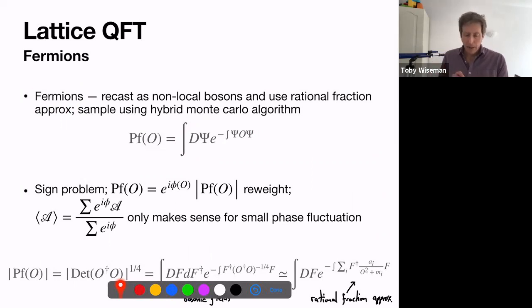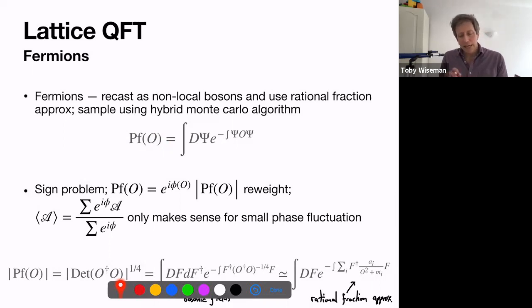Now, immediately we run into a problem. What we'd like to do is re-exponentiate it into an action, or rather simulate it using some bosonic degrees of freedom. However, this Pfaffian, it turns out in these supersymmetric theories, isn't real positive. And this gives rise to what would typically be called a sign problem.